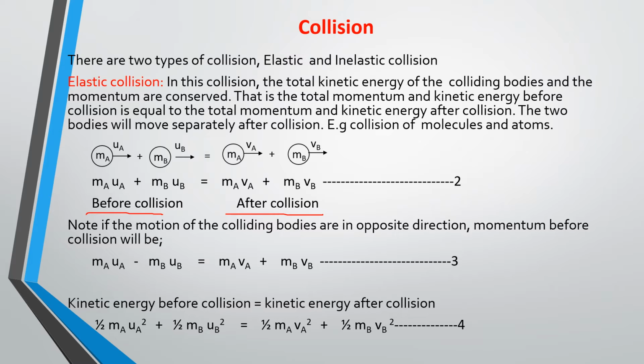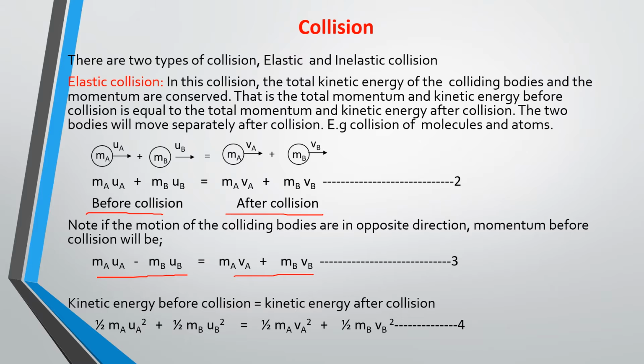If A and B are traveling in opposite directions, the sign for B will be negative. So the momentum before collision will be MAUA minus MBUB, and after they have collided, you have MAVA plus MBVB. When they are moving in opposite directions, this is the equation that applies.